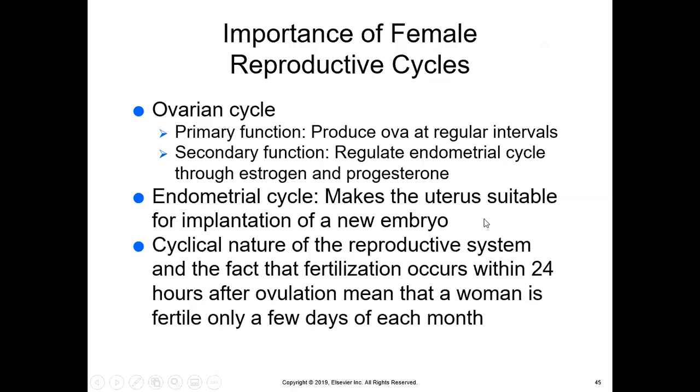When a new embryo is not fertilized, it's the process to slough off that endometrium and then get it ready so a new egg could potentially be fertilized and implanted. So the cyclical nature of the reproductive system and the fact that fertilization occurs within 24 hours after ovulation means that a woman is fertile only a few days of each month.